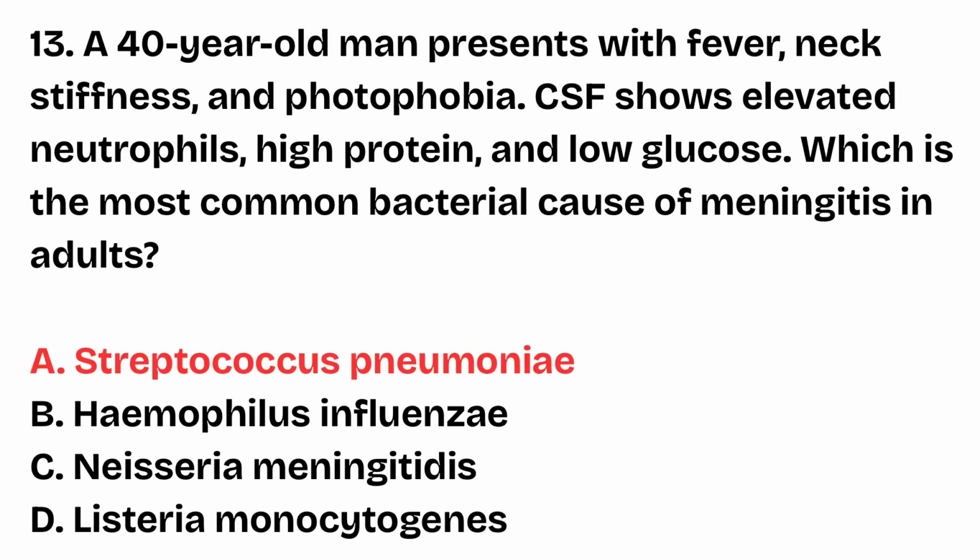The right answer is option A, Streptococcus pneumoniae. In adults, Streptococcus pneumoniae is the most common cause of community-acquired bacterial meningitis. It is a gram-positive diplococcus and can cause otitis media, sinusitis, and pneumonia.